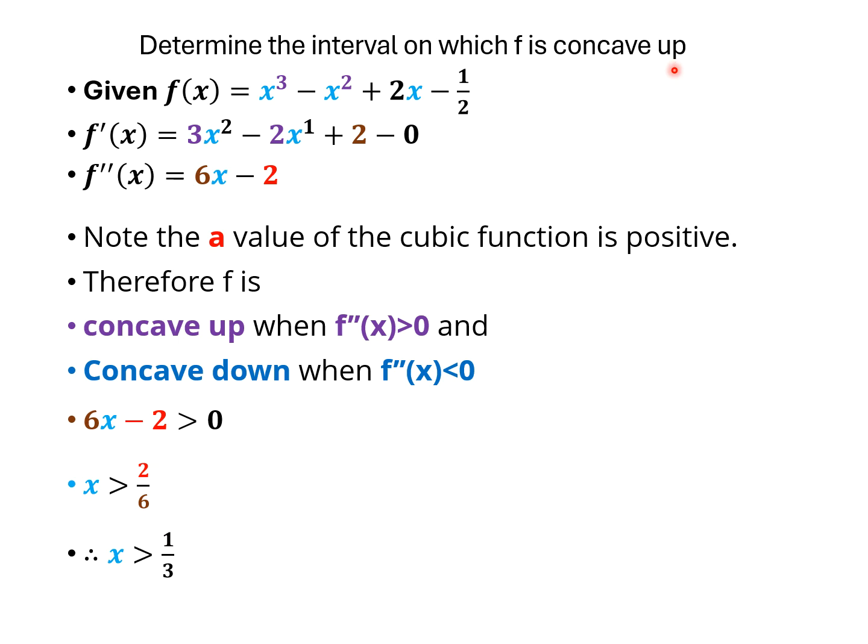They want concave up, so I'm going to say 6x minus 2 must be greater than 0. If I take negative 2 across, it becomes positive 2. And I divide by the value in front of x, so it becomes 2 over 6, which simplifies to 1 over 3. So therefore, the x value must be bigger than 1 over 3 for this graph to be concave up. Right? Let's look at another problem.